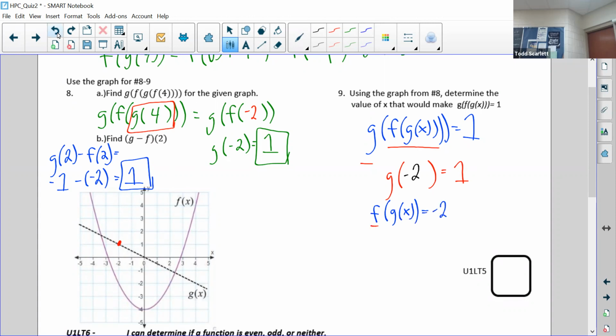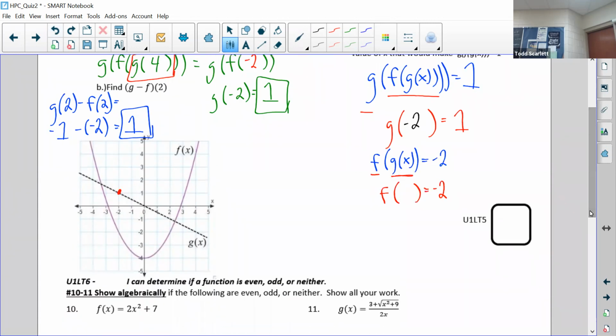Well, again, you have F is receiving this. So F of something has to equal -2. So I go to my map. Here's F, which is the parabola. And when does F equal -2? Unfortunately, F equals -2 two different times. So it could be +2 or -2.